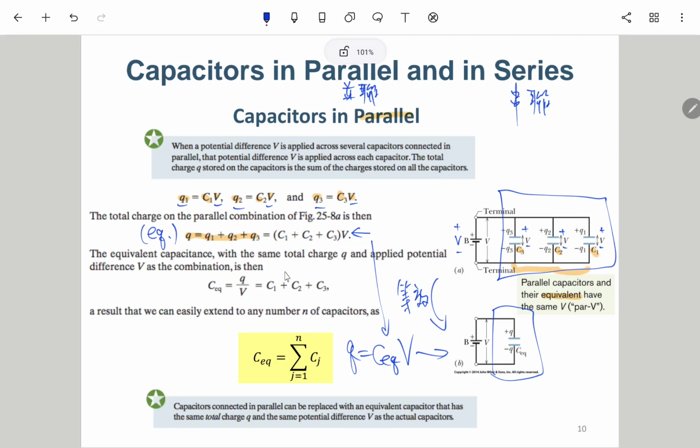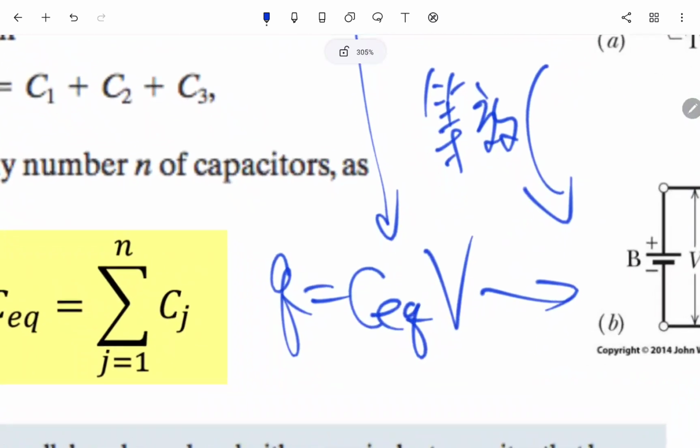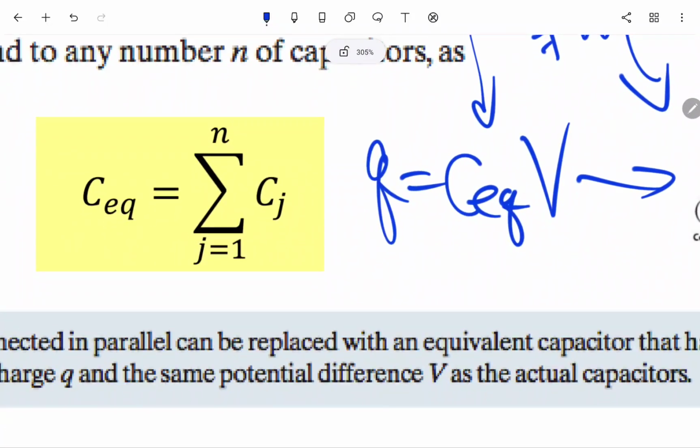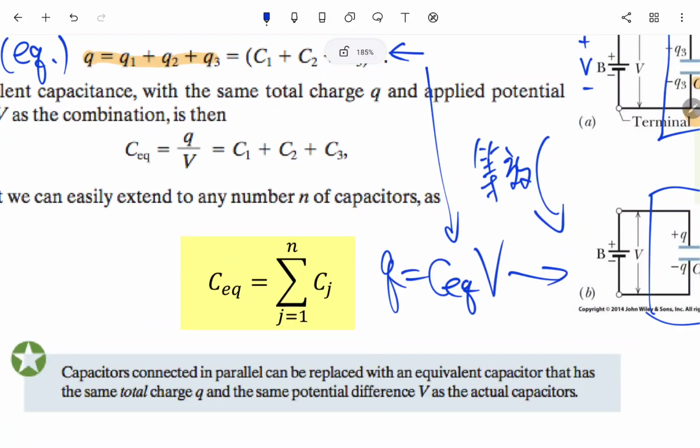Okay, so this is for three capacitors in parallel. If we have n capacitors in parallel, we write C_EQ as the summation of C_j, j from 1 to n. Okay, so for parallel capacitors, simply speaking, we just add the capacitances together to get the equivalent capacitance.